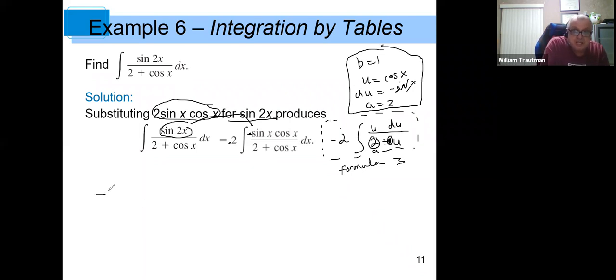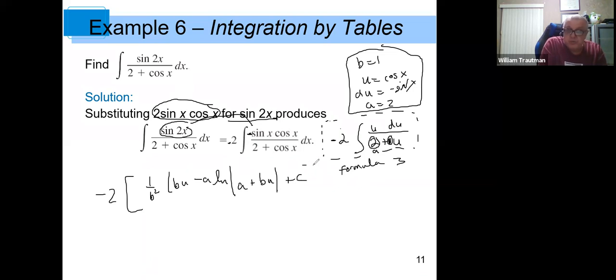We have a negative 2 in front, and then the integration. Formula 3 says this is what we should have. Change it to 1 over b squared times bu minus a natural log of a plus bu plus c.